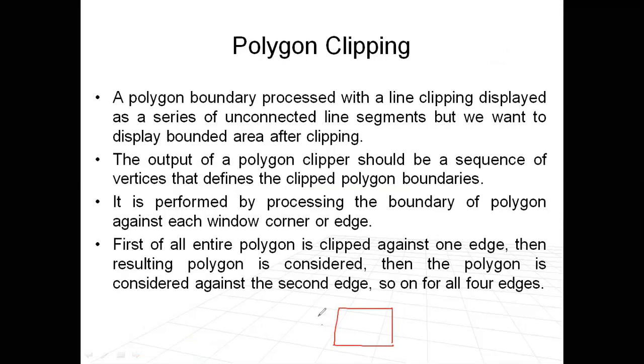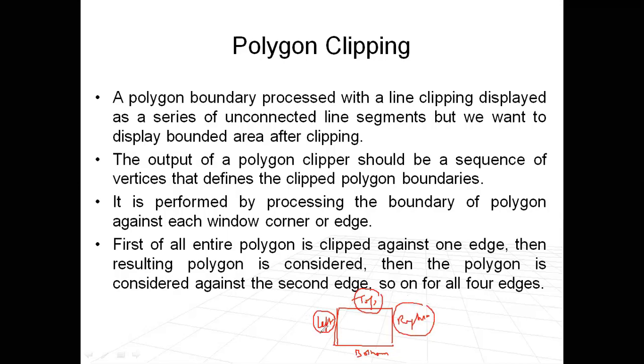Let's say we can consider a left edge, top edge, right edge, and bottom edge. So the clipping algorithm must see each and every edge with respect to its polygon. Clipping has to take place across all edges, whether the polygon is cutting any edge or not.